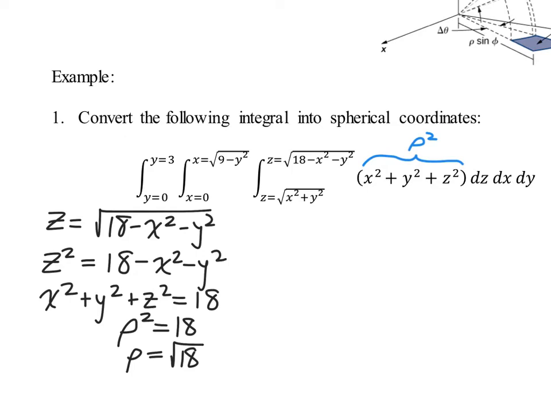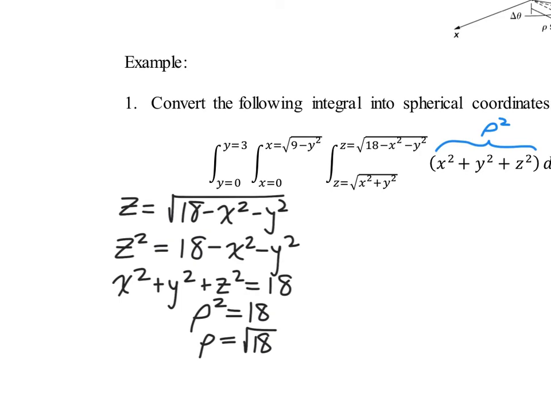Now, just thinking back to the applet, if I want to get out to root 18, it's not that I'm starting at that surface. I'm covering everything between 0 and that surface because I want the volume, the space contained within. So this is the outer boundary.